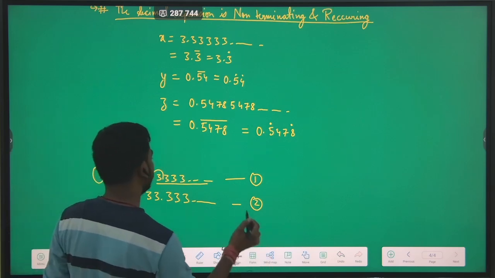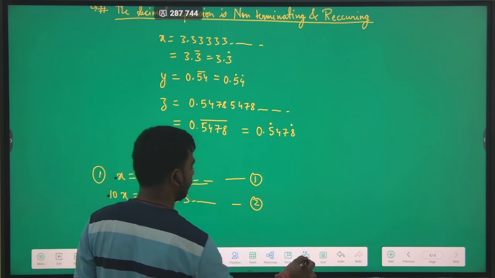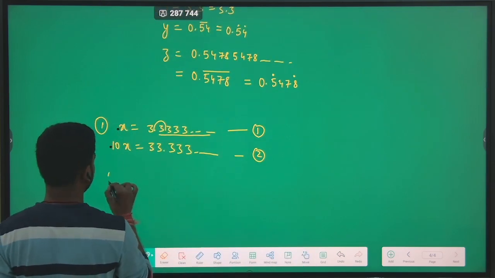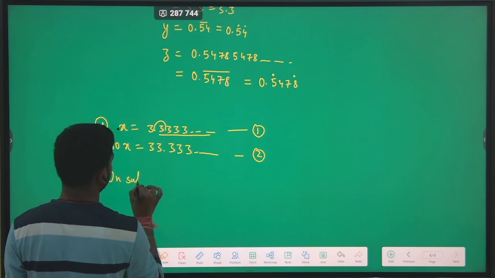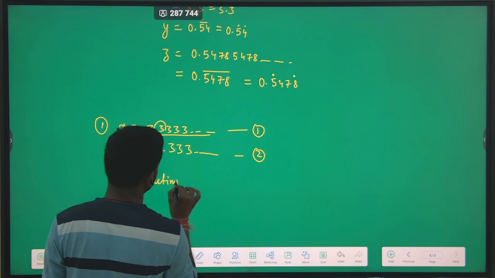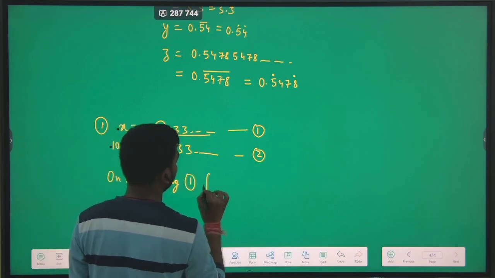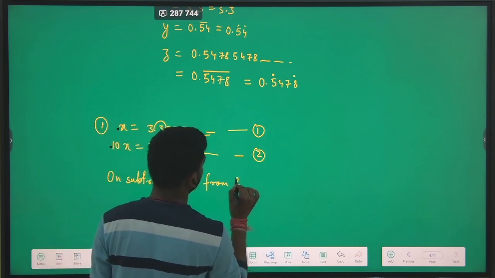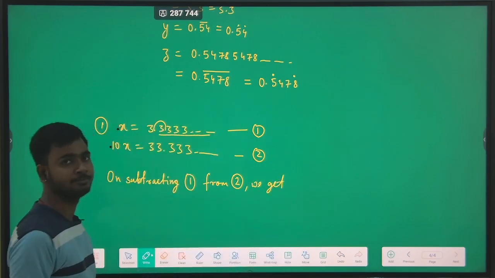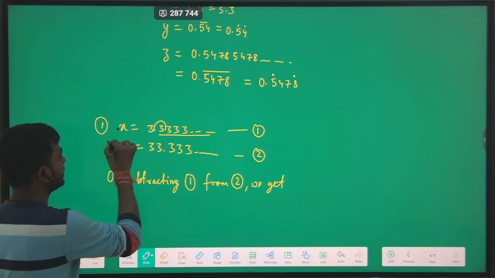So subtracting 1 from 2, what will we get? First of all, take the LHS part.